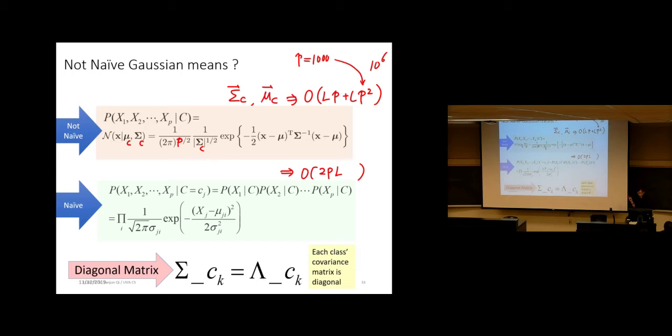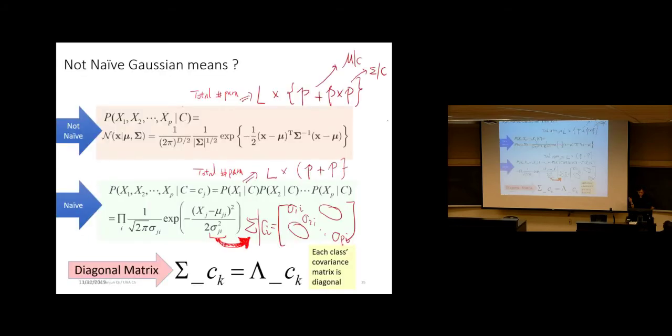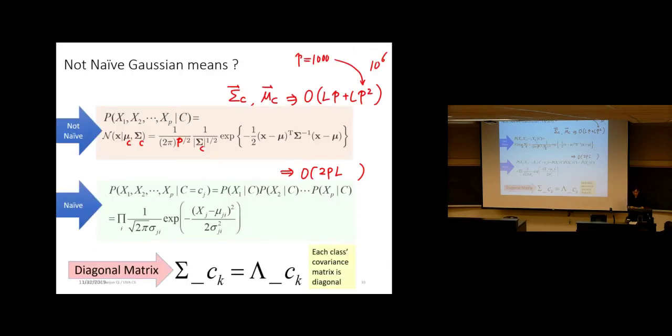Sorry, I don't even multiply by the L there. So assuming L equals 10. Let's use ImageNet or an image problem as an example.